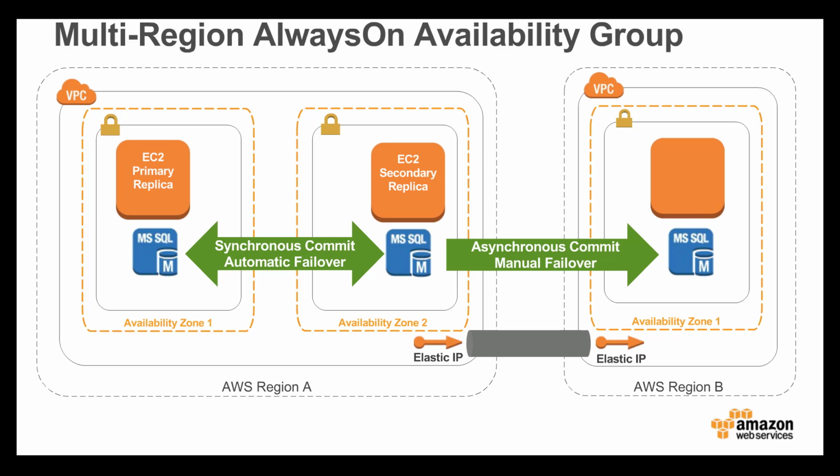So that allows you to do a manual failover at that level. Now this does require a VPN link between the two AWS regions, but this is just an example for you in case you wanted to deploy some type of multi-region Always On availability group. The second region shown there can actually also be your own data center, for example.